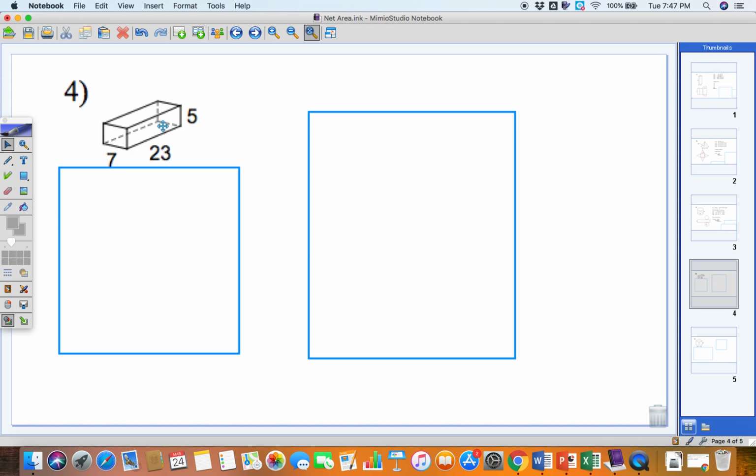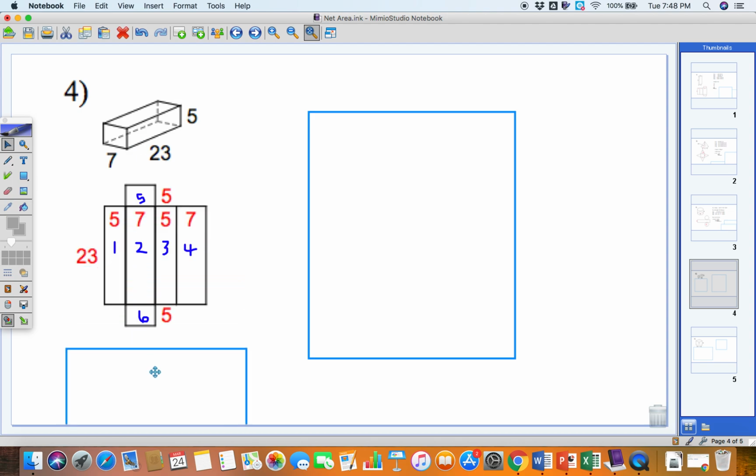Here, if we chose this rectangle as the base, it would have a base of 23 and a height of 5, which is not a square. Or if we chose the bottom seaming piece right here to be our base, it would have a length of 23 and a width of 7. So it's not a square either. That means this has to be a rectangular prism.